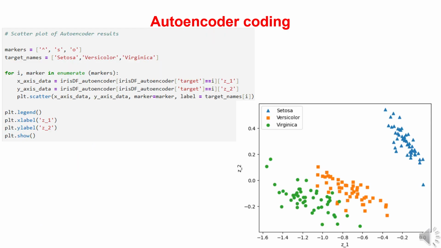Based on this, if we plot Z1 and Z2, we get a graph like this. To distinguish the 3 species, we use different colors and markers, blue, orange, and green, and label them as setosa, versicolor, and virginica, respectively. This way, all 150 iris data points are plotted on the 2 latent vectors, making it easy to see which species each point belongs to.